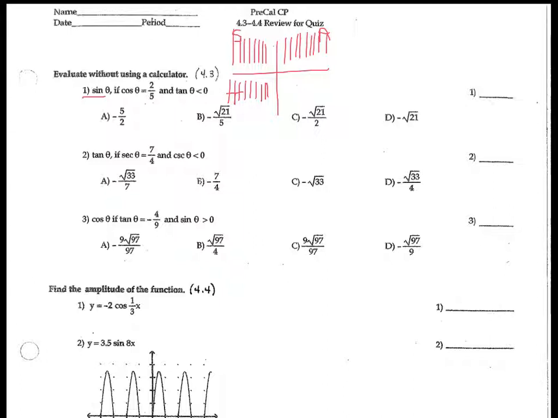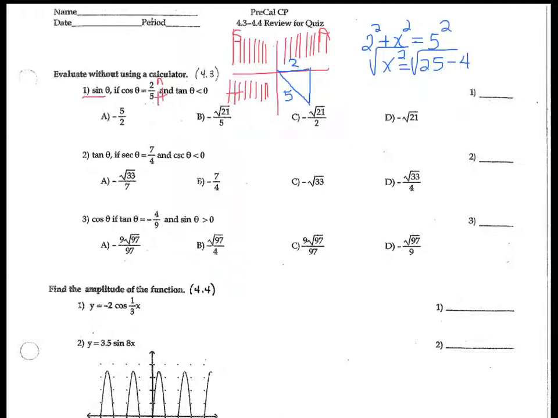So adjacent would be the 2. The hypotenuse is the 5. We find the missing side by using the Pythagorean theorem: a squared plus b squared equal to c squared. So here we have x squared equals 25 minus 4, because 5 squared is 25 and 2 squared is 4.